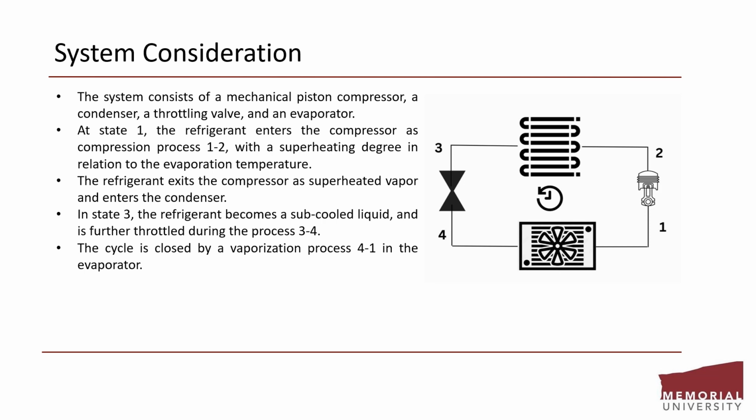In this particular refrigeration system, the refrigerant enters the compressor in state 1 and is compressed in the process 1 to 2. It exits the compressor as a superheated vapor and moves to the condenser. In state 3, the refrigerant becomes a subcooled liquid and is further throttled in the process 3 to 4. The cycle is closed by the vaporization process 4 to 1 in the evaporator.